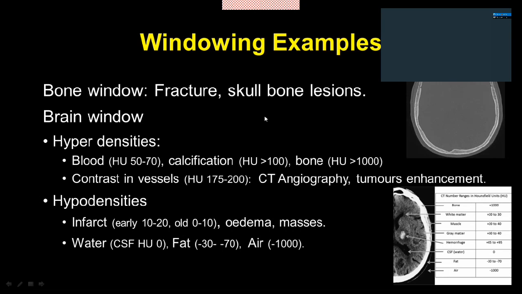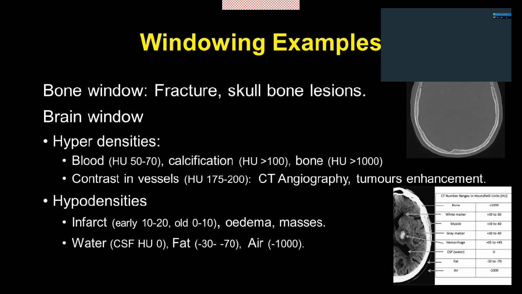These are window examples. For head CT, bone window and brain window are two important window settings. Bone window is useful for visualizing the detail of bony structures and also to identify subtle skull lesions. However, the details of soft tissue, such as brain, that shows density lower than that of the bone, are lost in the bone window setting.